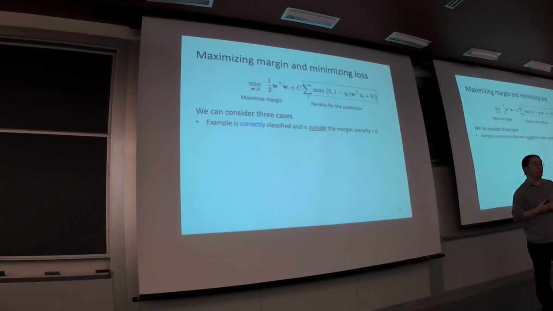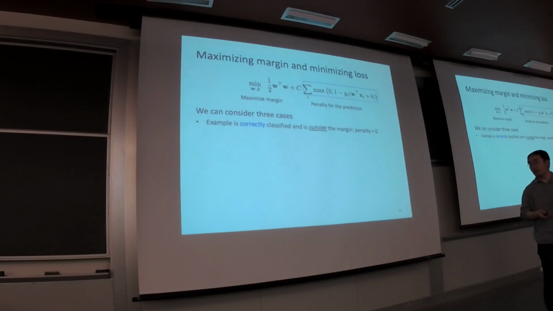There's no penalty? Yeah, of course. This is a consequence. And why is there no penalty? If the margin is greater than 1, then that term would be negative, so 0 is the maximum. Remember that we restrict the smallest function margin to be just 1.